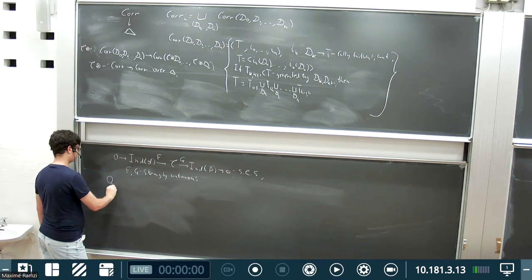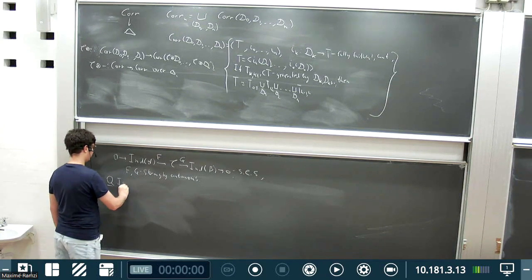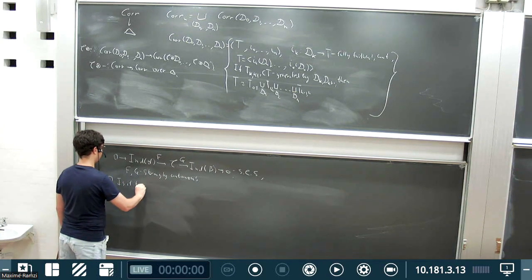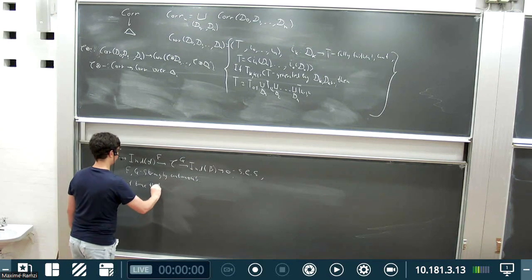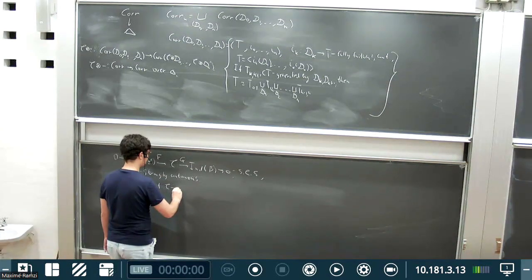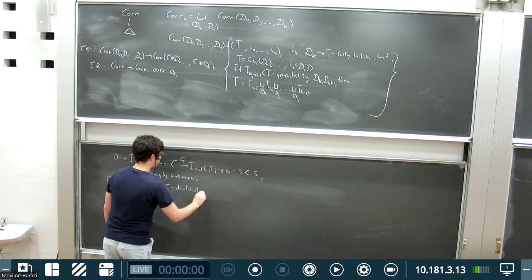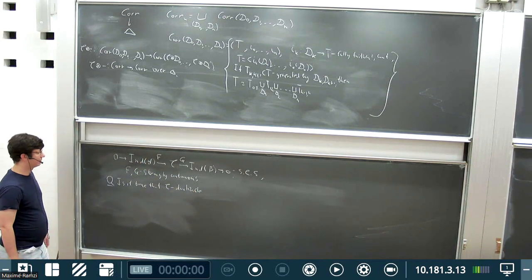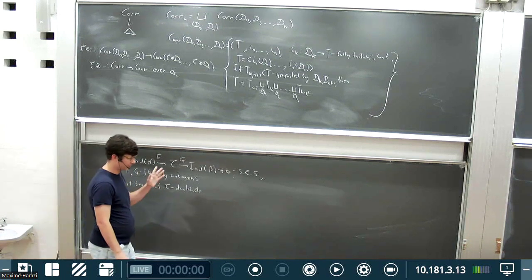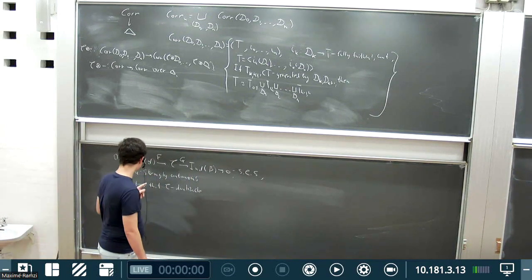You can ask the question, is it true that C is at least dualizable? It turns out that the answer is no, and there is a precise criterion for this dualizability.